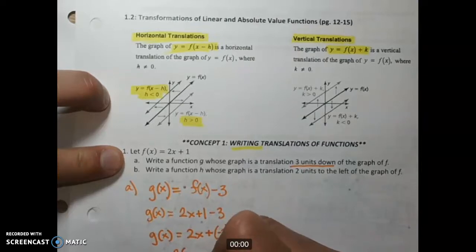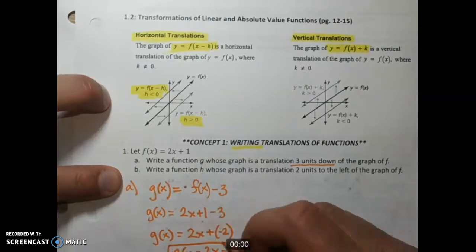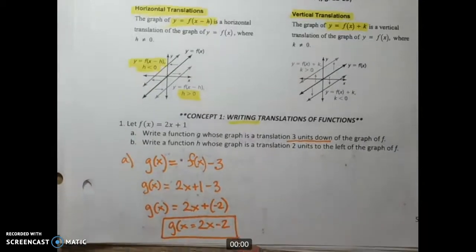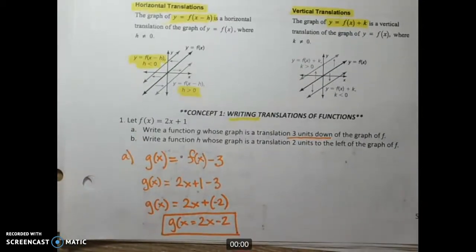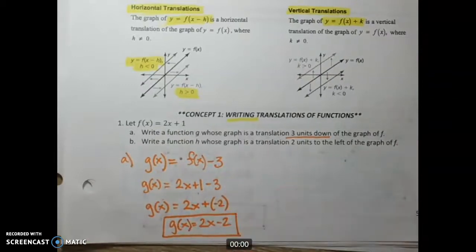So g of x is equal to 2x minus 2. And that is our solution. That is how we write the rule, how we change the function from f of x to now g of x. It is now changed from 2x plus 1 to 2x minus 2.